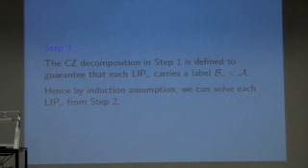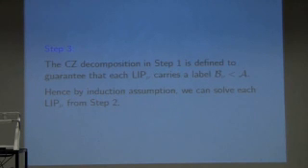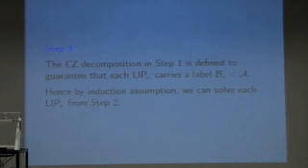Okay. Now, step 3. The Calderon-Zygmund decomposition from step 1 is defined with a very important property. It is defined to guarantee that each one of those local interpolation problems carries a label, maybe different labels for different cubes, but nevertheless, each one of those cubes carries a label strictly less than script A. And therefore, by the induction assumption, we will be able to solve the nuth local interpolation problem from step 2.